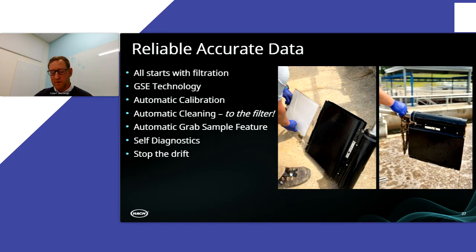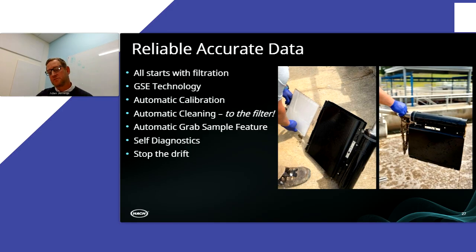One of my recommendations when we're taking grab samples out in the field is, you want to make sure your sample is representative. You want to get in really close to wherever this analyzer is pulling a sample or where the sensor is. If it's in mixed liquor, you don't want to wait to filter those samples.